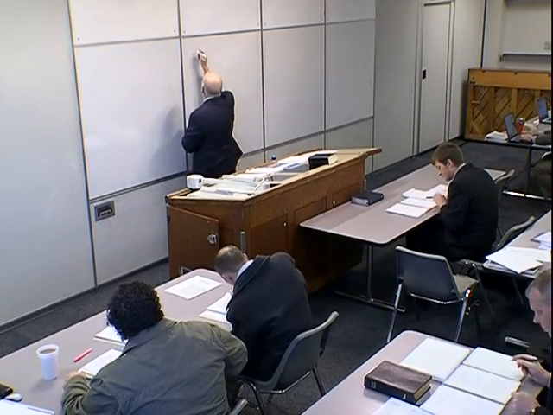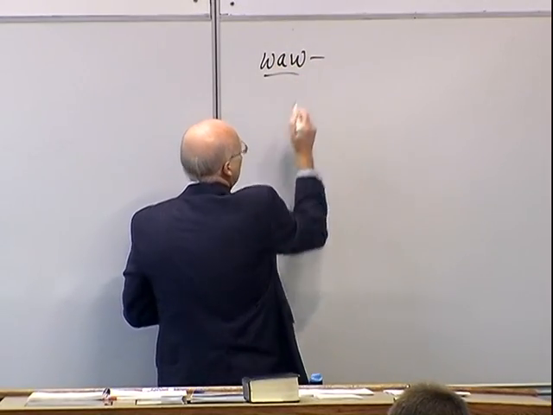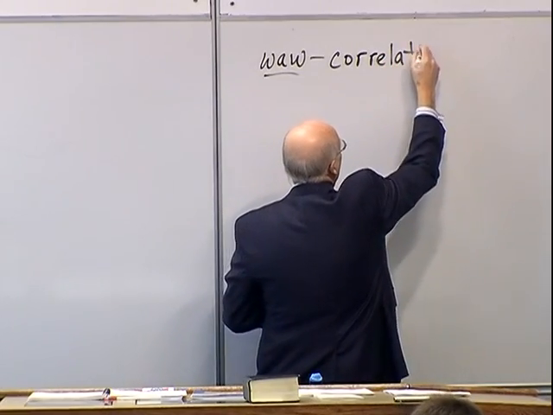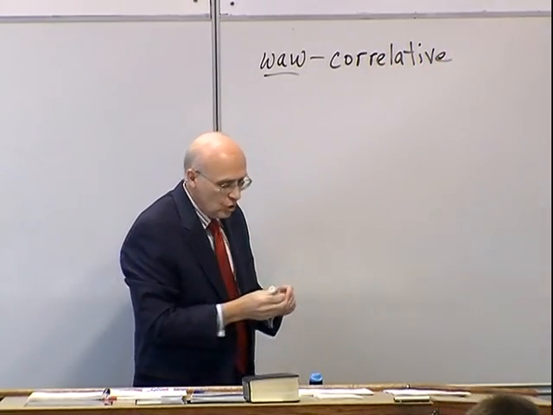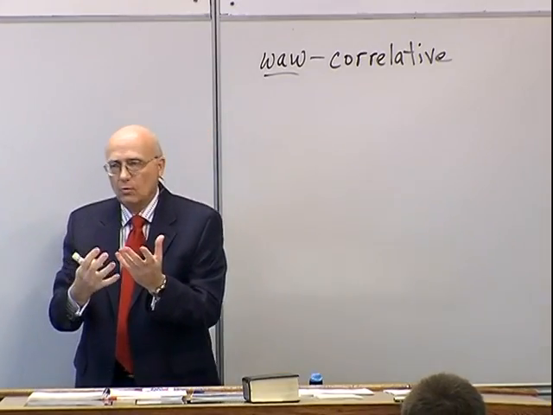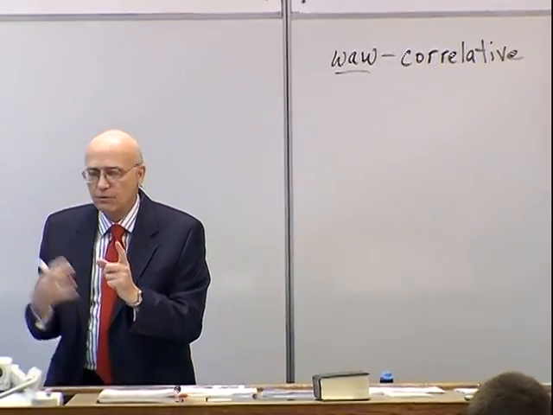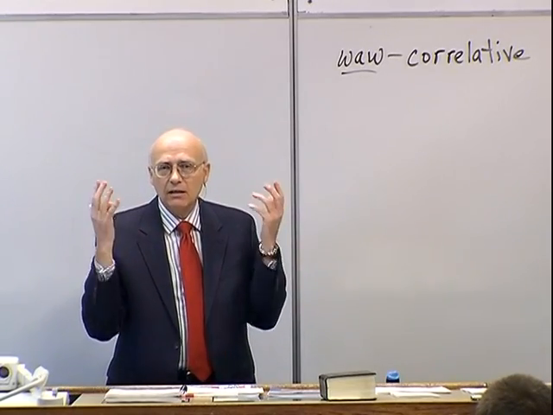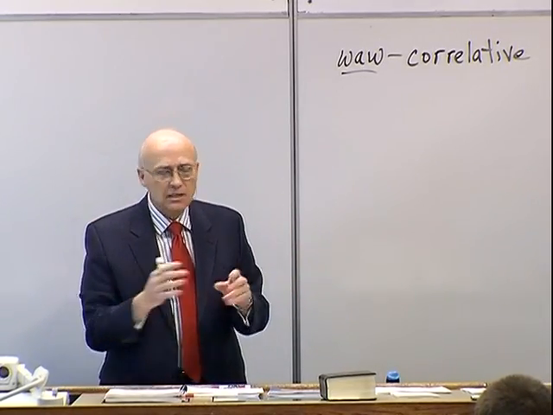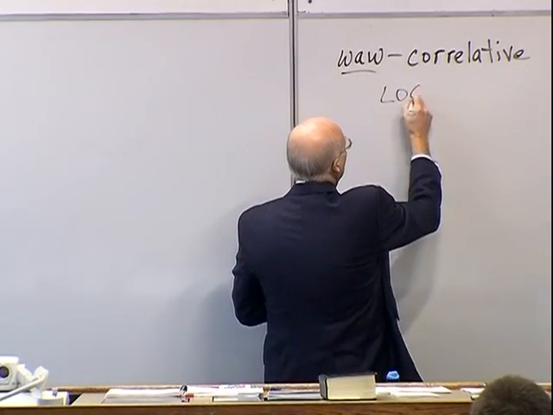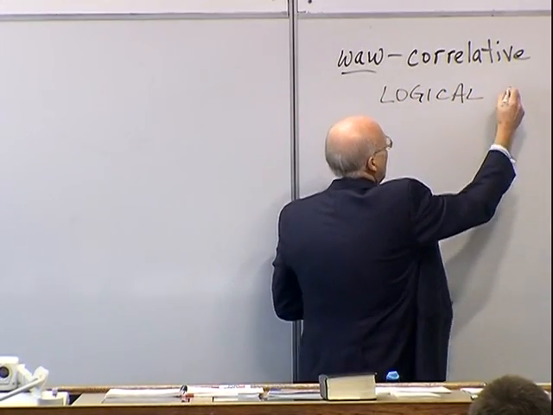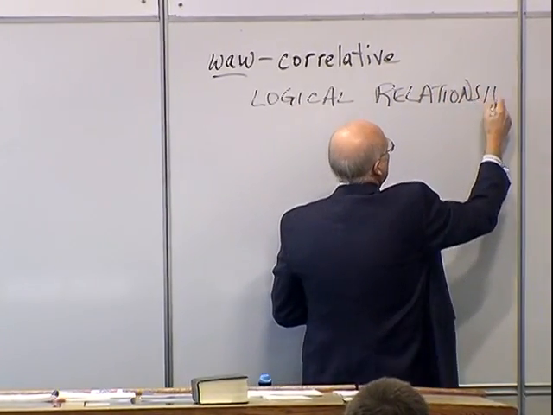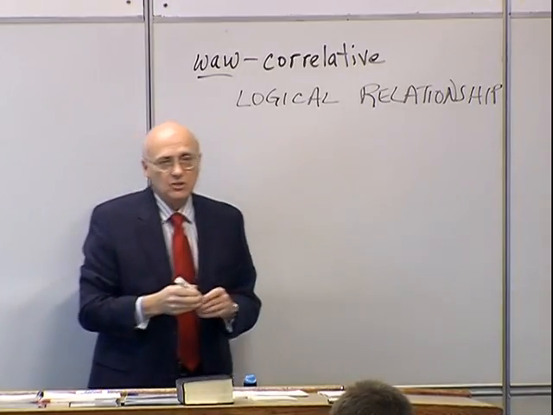It's called wow correlative, first of all, because it has a wow on the front of it, and it's called correlative because it shows the relationship between that verb and other verbs in the context, but that relationship is not automatically sequential. In fact, it is merely a logical relationship. And as we emphasize the logical aspect of that relationship, that means that it might be something that is sequential.